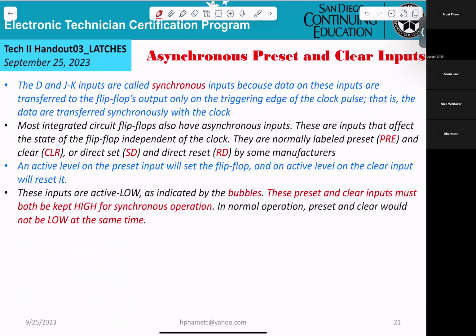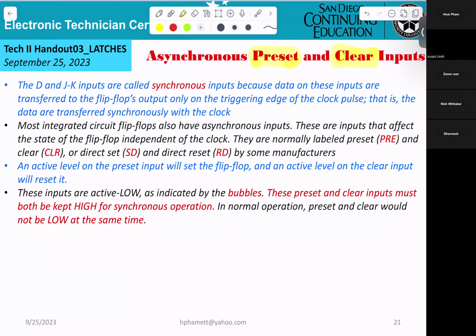Now, when you get the time, you'd better read that. It's only telling you the flip-flop has preset and clear input signals.